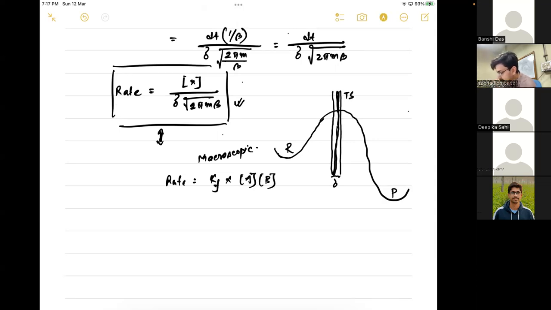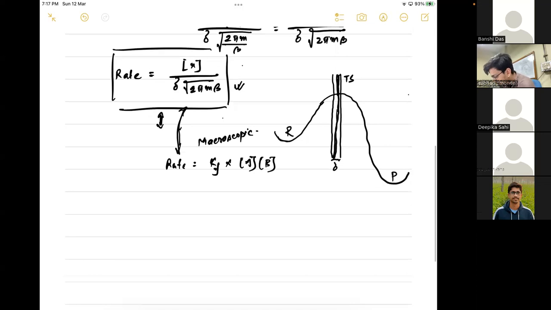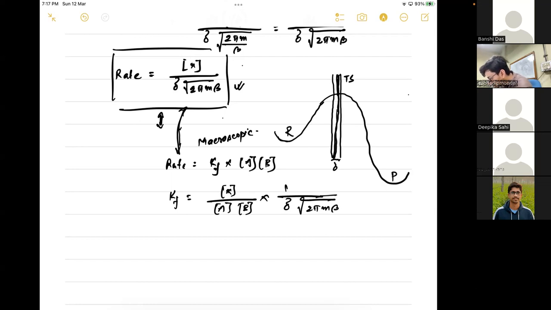So now the rate constant k will be equal to the concentration of that activated complex divided by the concentration of the reactant molecules times 1 upon delta times root over 2 pi m beta. So this will be the effective rate constant.